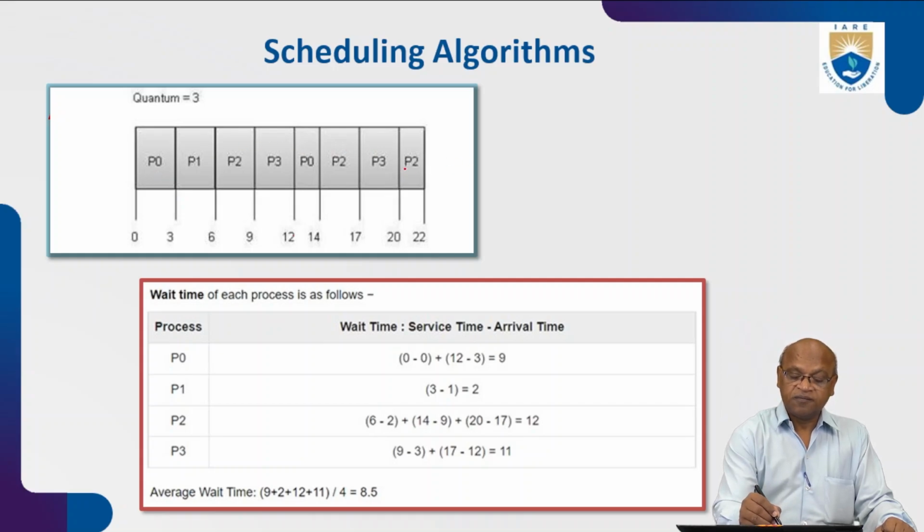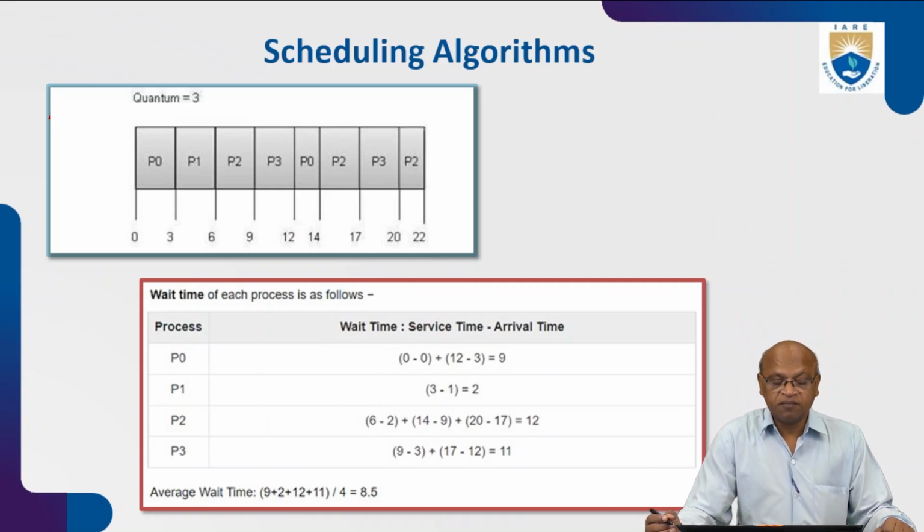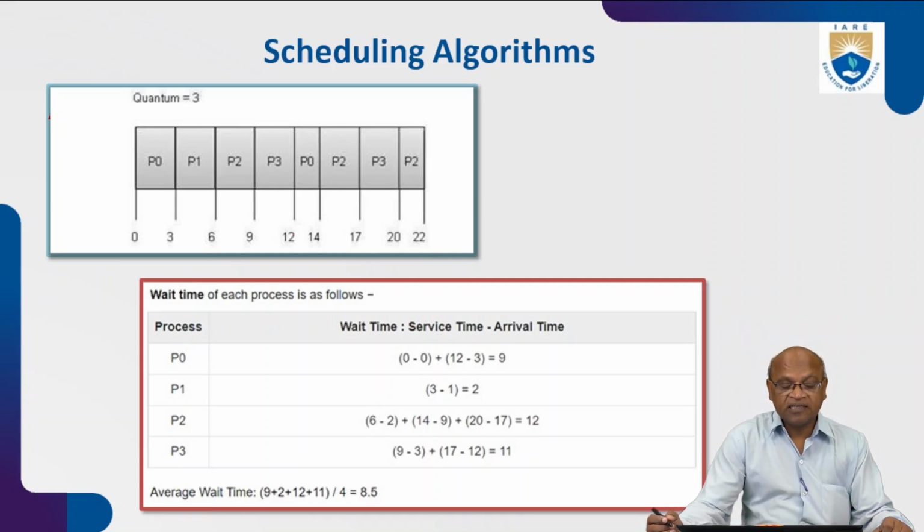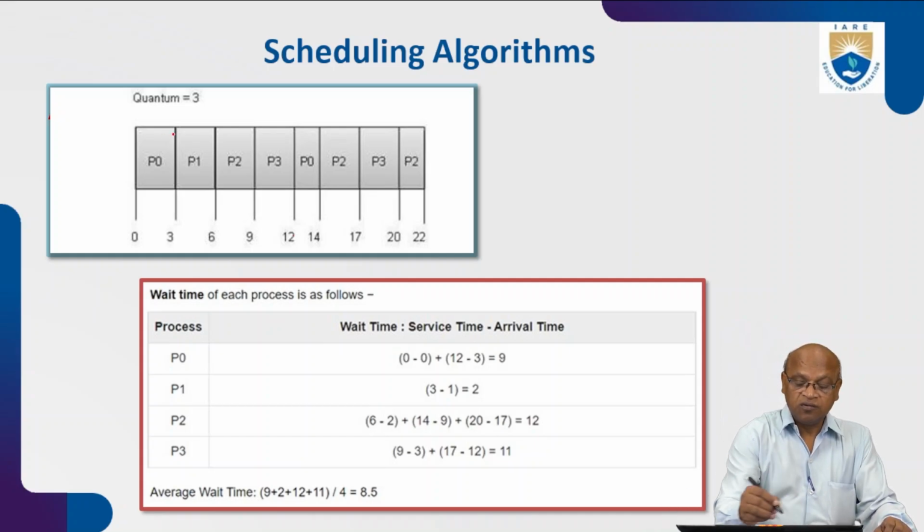So this is the round robin algorithm. If you calculate the wait time for each process in the system, the wait time equals service time minus arrival time. So here 0 minus 0 is the wait time, and next P0 comes again after 12 milliseconds.